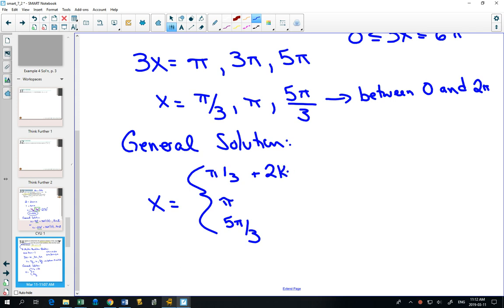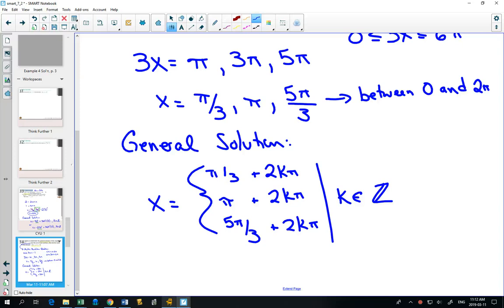Since this is in radians, we could add 2k pi to each of them, where k is an integer. Excellent. Now this was with multi-revolution questions and the general solution.